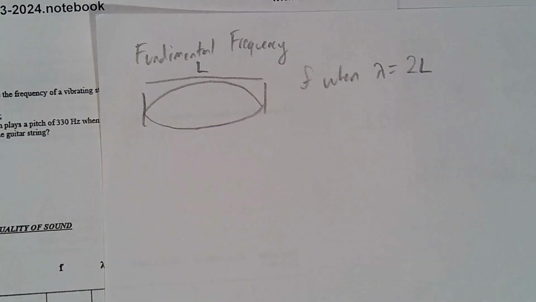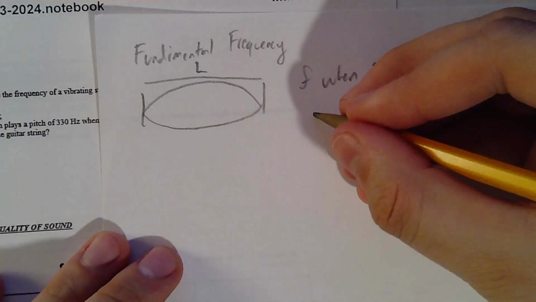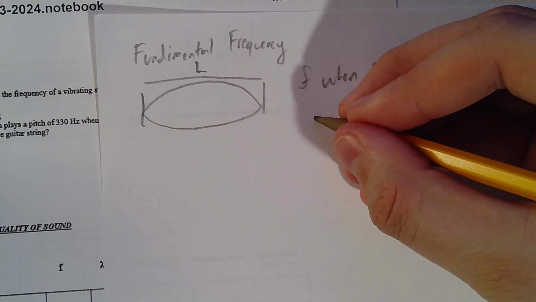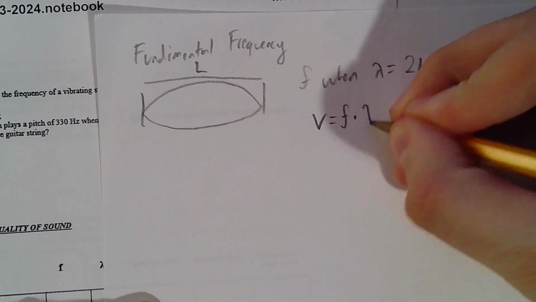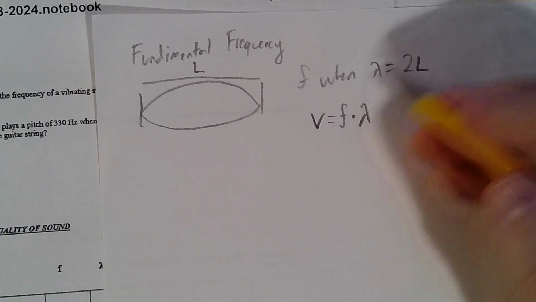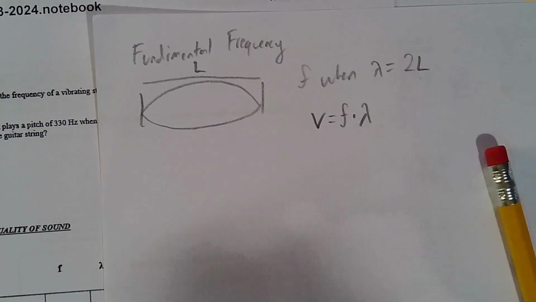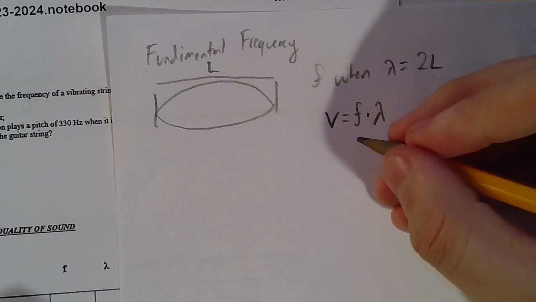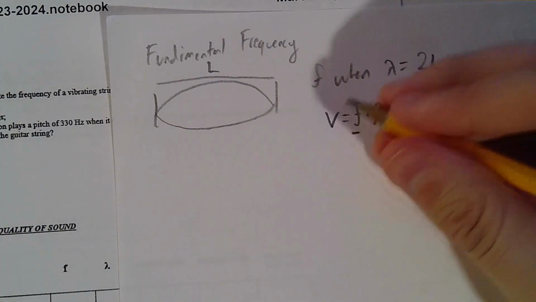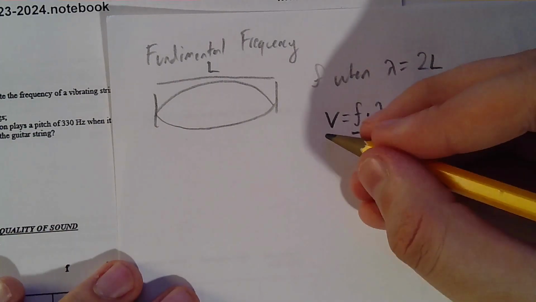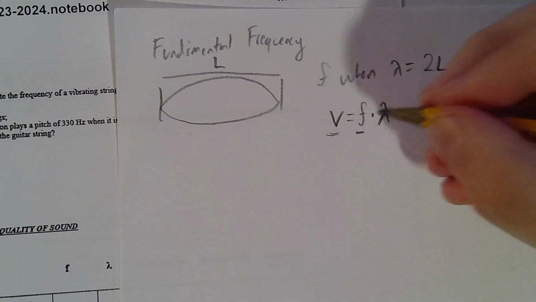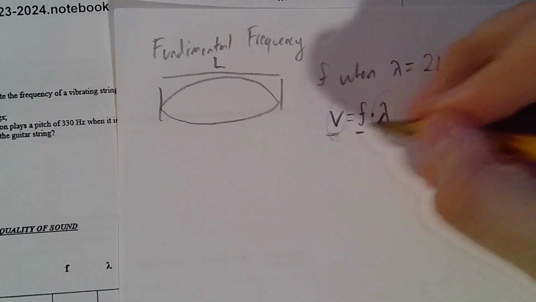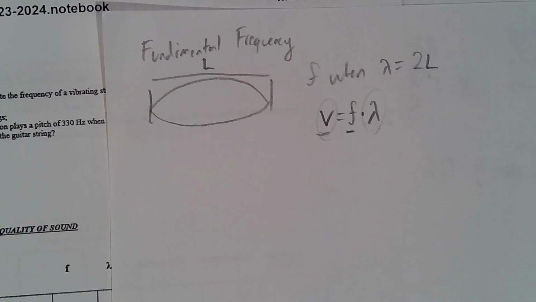Okay, let's recall that for this frequency, we know, based on the wave equation, velocity is equal to f times lambda, that this length will affect our frequency. Whatever our length is, that will change what our frequency is. Additionally, the velocity is going to change how our frequency works. So either changing this or this will change our frequency.